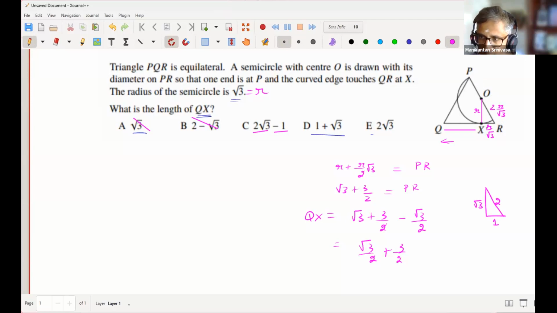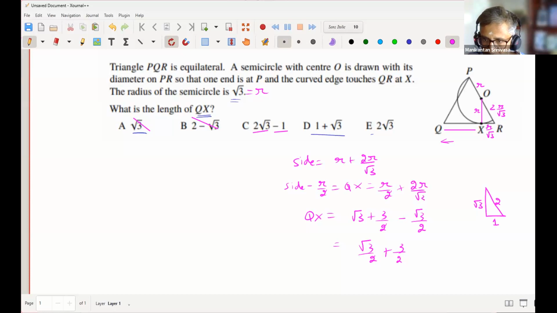One part is the smallest one, so my equation was wrong, but the method is fine. So this is R, and the side of the equilateral triangle is R plus 2R by root 3. Now from that side, I need to subtract R by 2 to arrive at QX. So QX is R by 2 plus 2R by root 3.